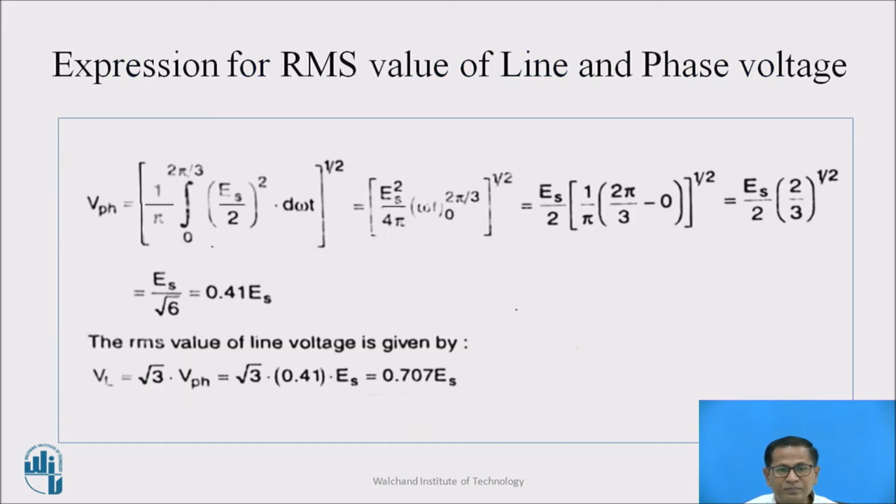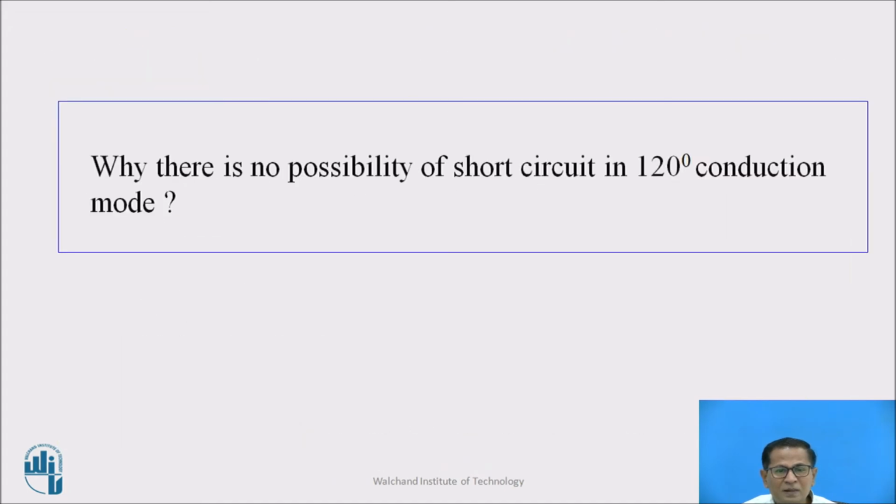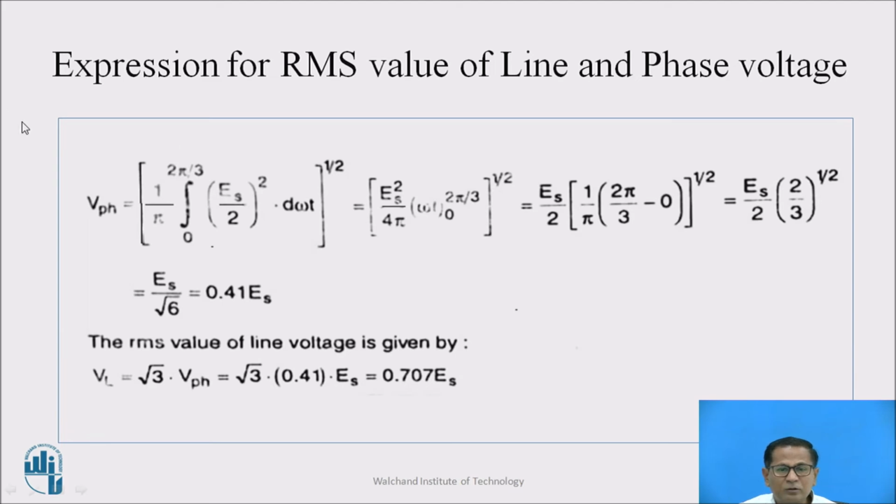Now, expression for RMS value of line and phase voltage. V phase is equal to [1 upon pi integration, limits of integration 0 to 2 pi by 3, (ES upon 2) whole square d omega t] raised to half. Here, the maximum value of the phase voltage is plus ES by 2 or minus ES by 2. The peak value is ES by 2.